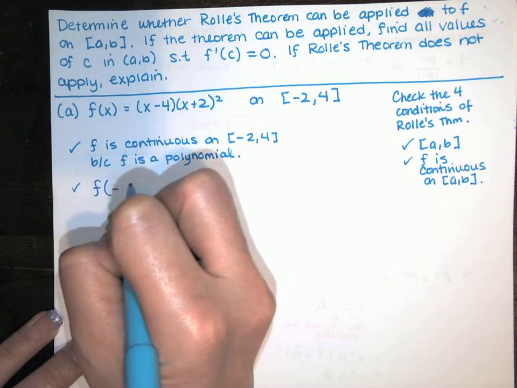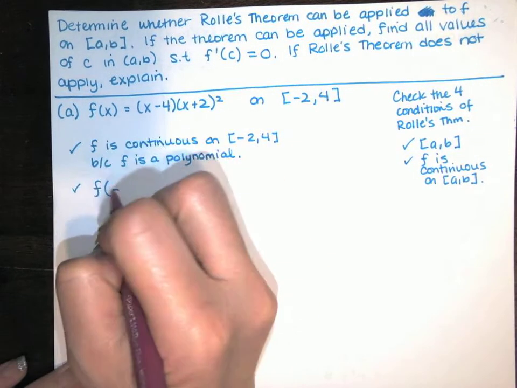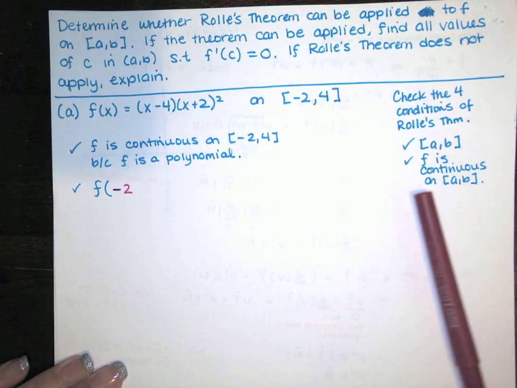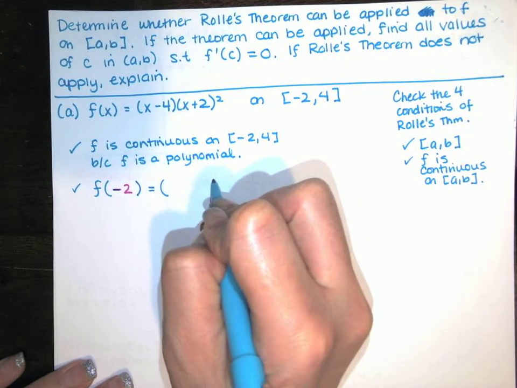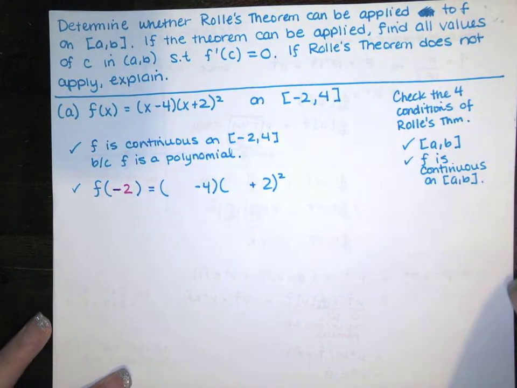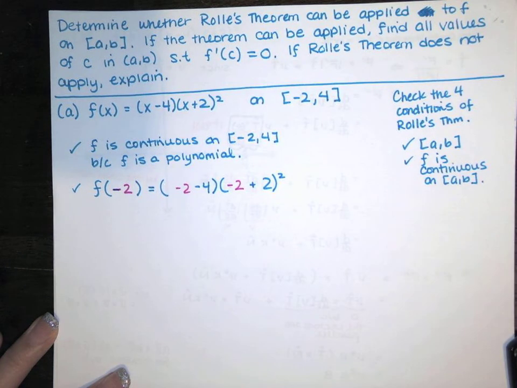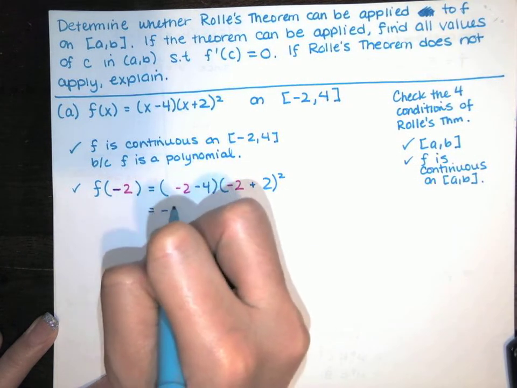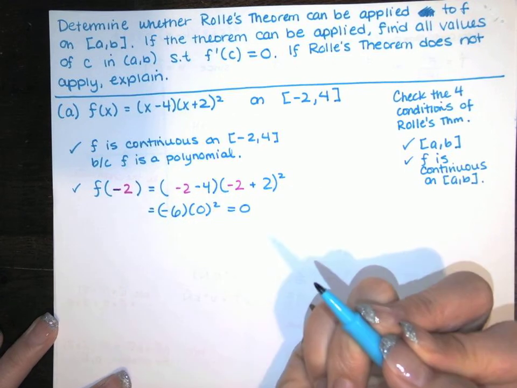f of -2. So if I substitute in -2 for x, well, this is just -6 times 0 squared, which is of course 0.